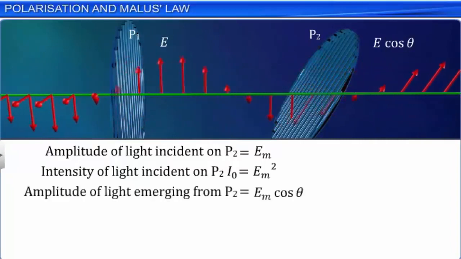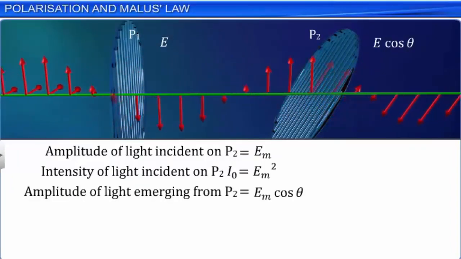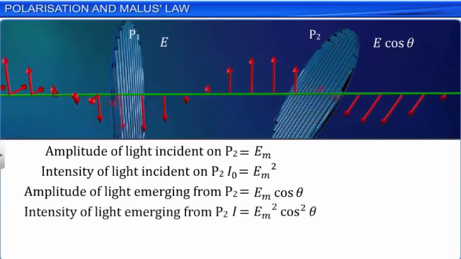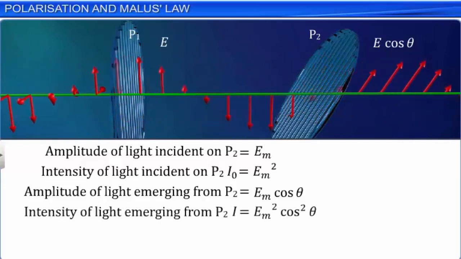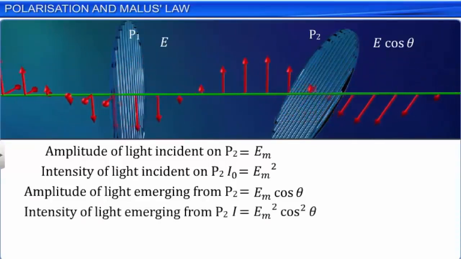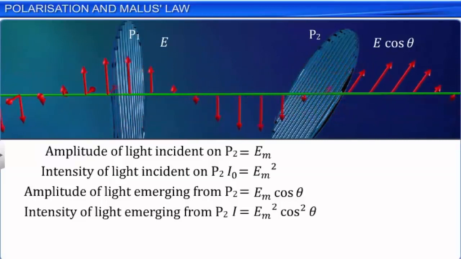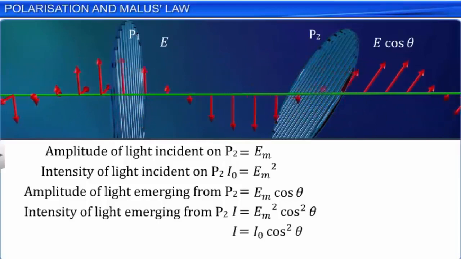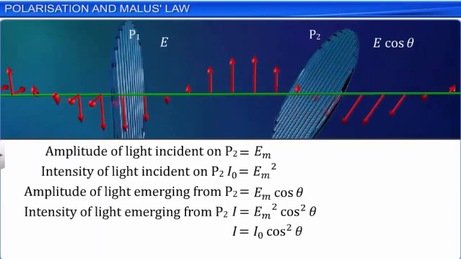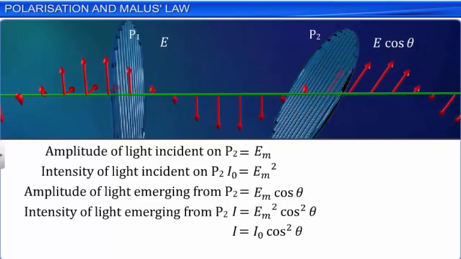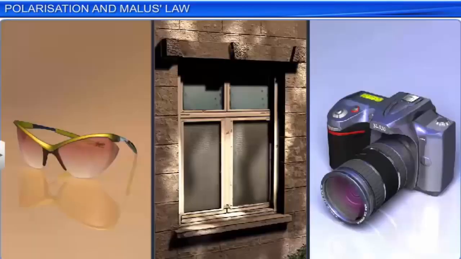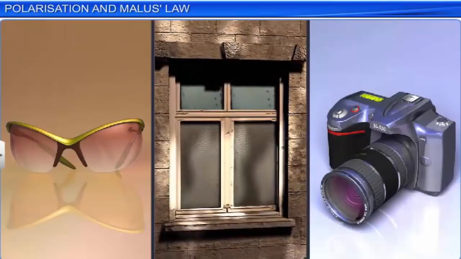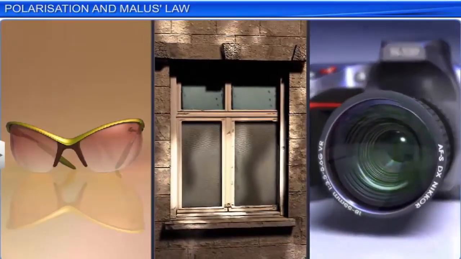The amplitude of the light emerging from the Polaroid P2 is then equal to Em cos theta, and the intensity of light I emerging from P2 is equal to Em squared cos squared theta. This can also be written as I equals I0 cos squared theta. This is known as Malus's law. Polaroids are used in sunglasses, window panes, and also in cameras as filters to control the intensity of light.